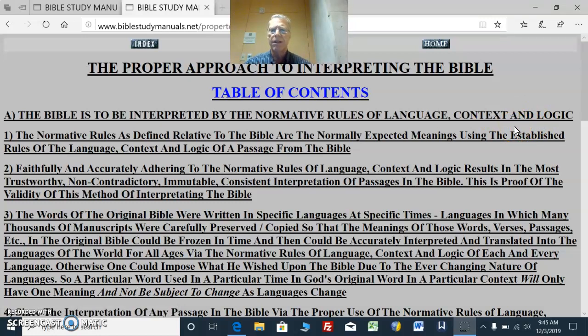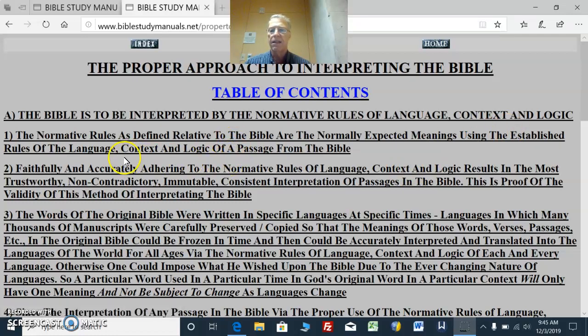What else is he going to bring to the table but how to read, which is the utilization of the normal rules of language and of context and of logic. It's not an illogical book, and it's a contextual one, and it follows in a good translation of English the rules of language properly interpreted from the original languages.